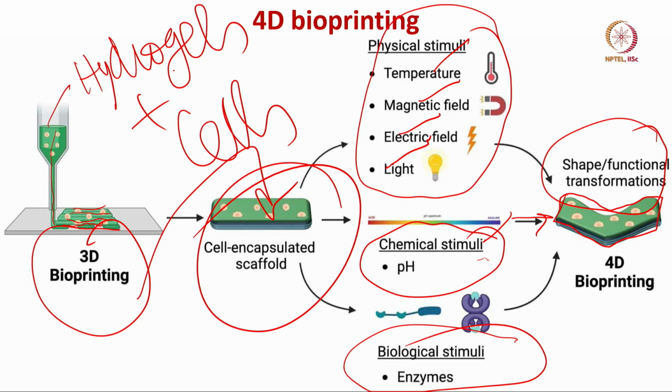Well, cells are encapsulated within the scaffold, and the stress conditions that the cells will experience during 3D extrusion printing or other generic 3D printing techniques have to be very carefully considered.